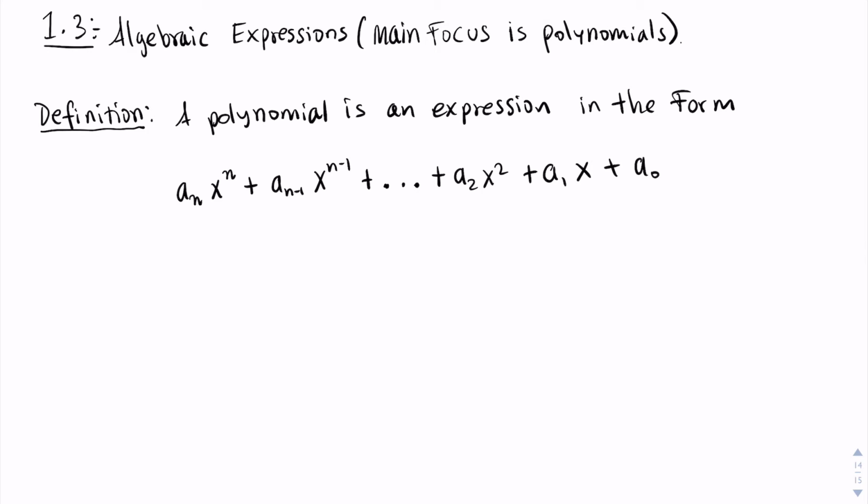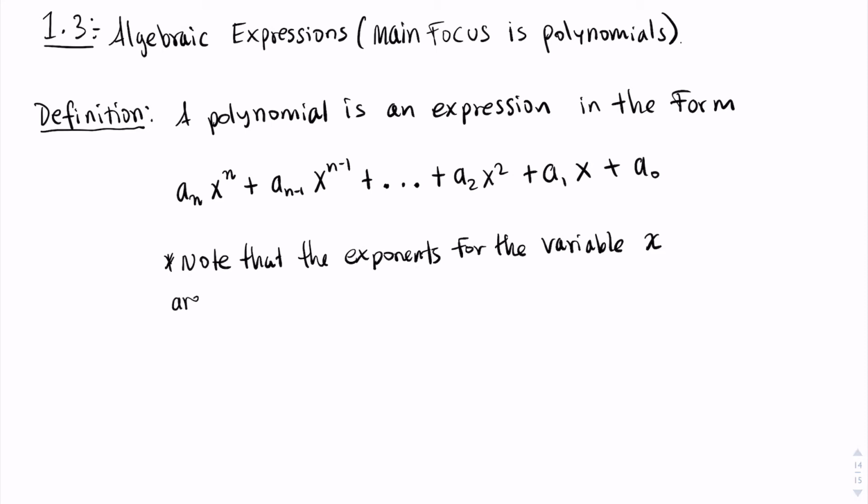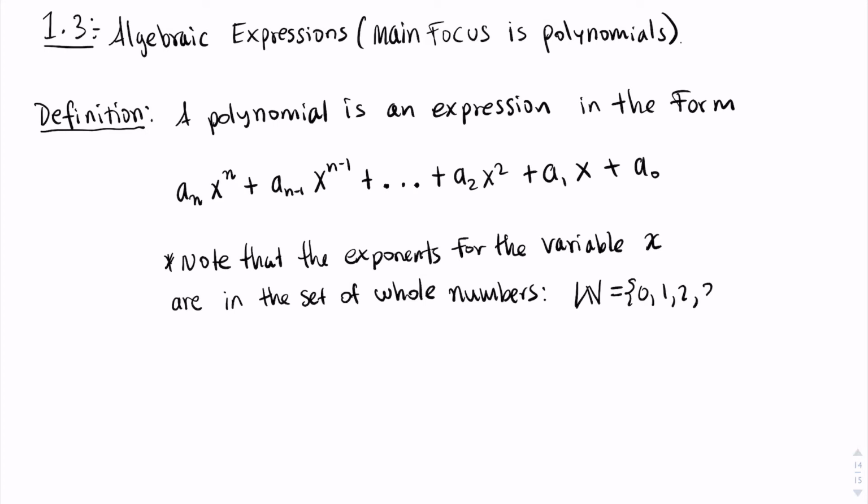So note that the exponents for the variable x are in the set of whole numbers. Namely, this set right here, if you remember it from yesterday: 0, 1, 2, 3, but they're not negative.